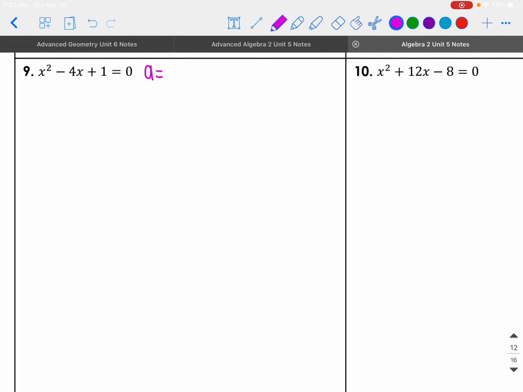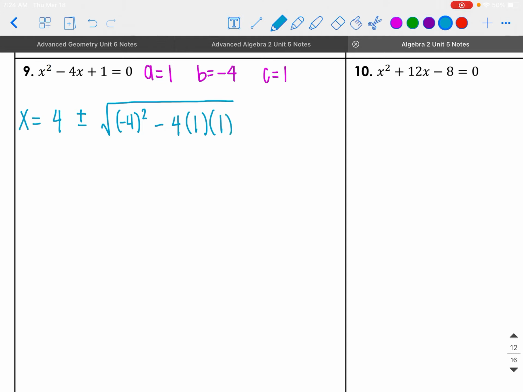Number 9. A equals 1. B equals -4. And C equals 1. So into my formula, x equals -b, that's going to turn into a +4, plus or minus the square root of b squared minus 4 times a times c all over 2 times a.